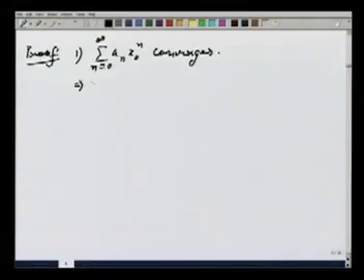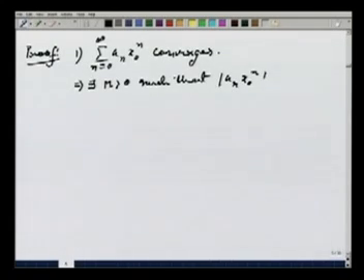So the sequence of terms of a convergent infinite series is always a bounded set. So this implies there exists some m bigger than 0 such that mod a n x naught to the power n is less than or equal to m for all n.